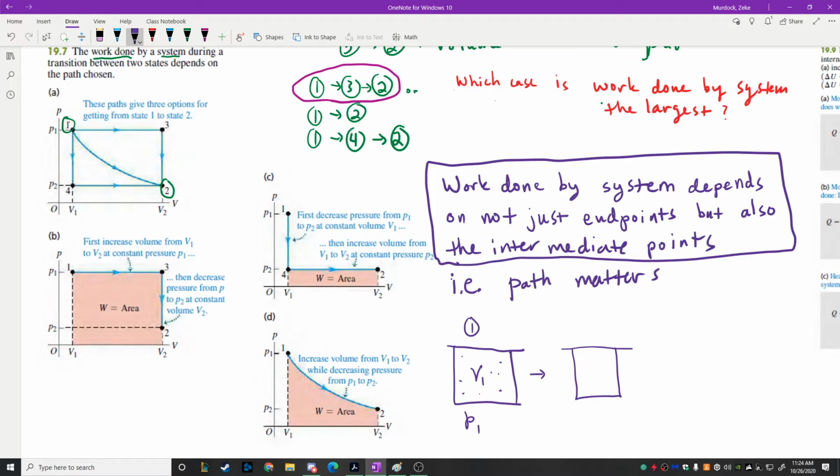We could reduce the pressure either by allowing the gas to expand, or so P2 is less than P1. Yeah, so we'd have to take some energy out of it, right?